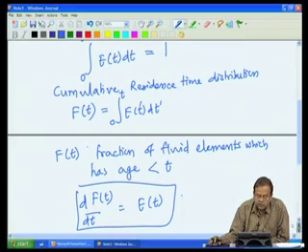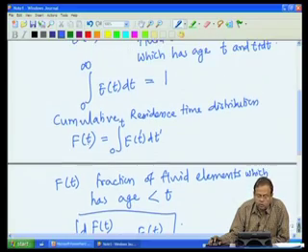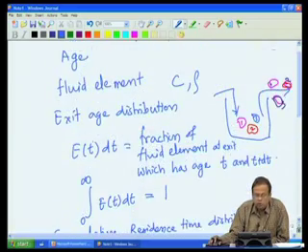Now, there is yet another distribution which we need to define.